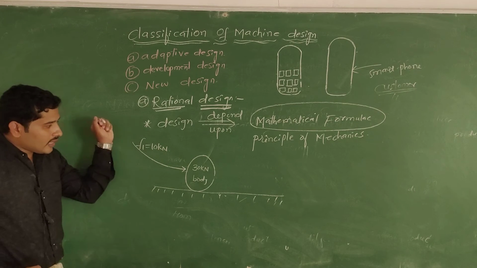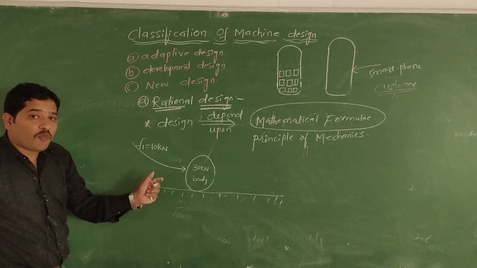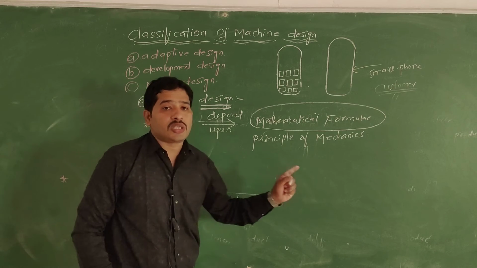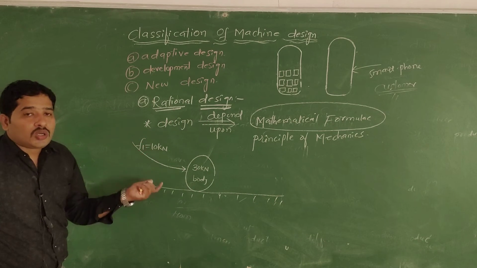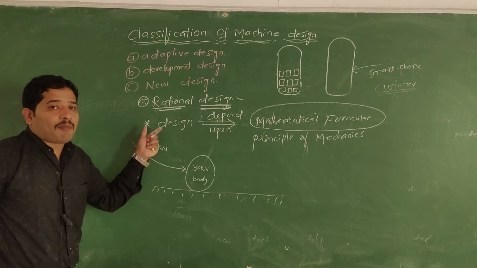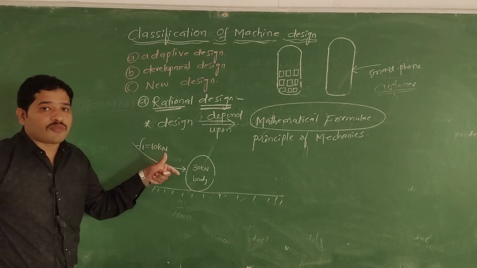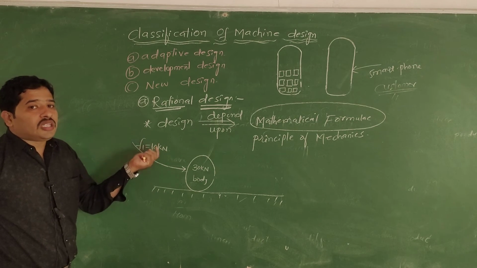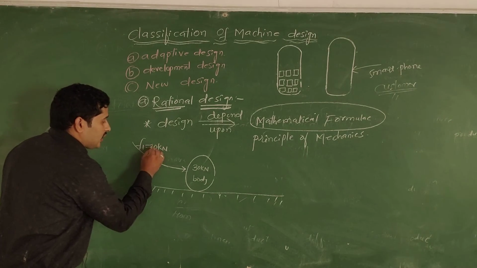If you apply 10 kilonewton on the 30 kilonewton body, this body does not move from the initial state to the final state. Again we gradually increase the load to 20 kilonewton and apply it on the body. Again the body will not change its position from the initial state to the final state, and gradually we increase from 20, 30, 40. Okay, we applied 30 kilonewton.